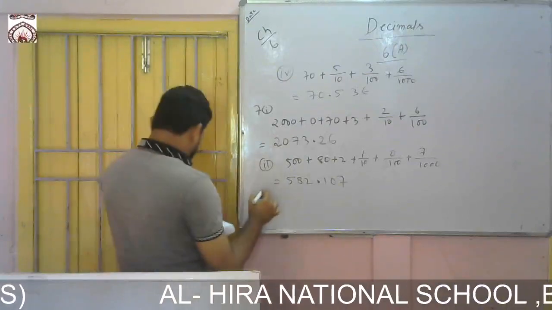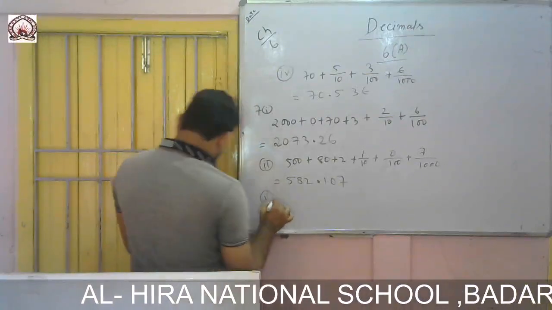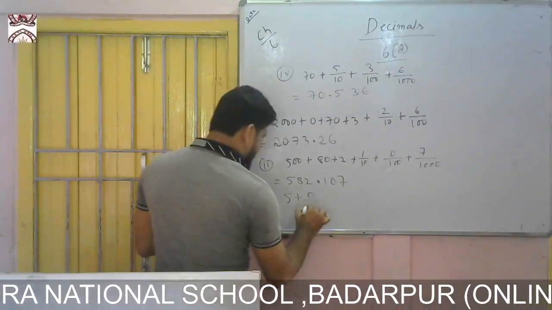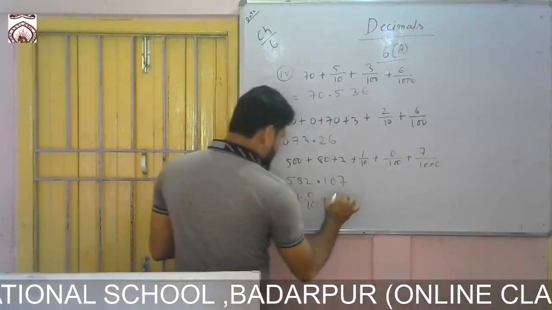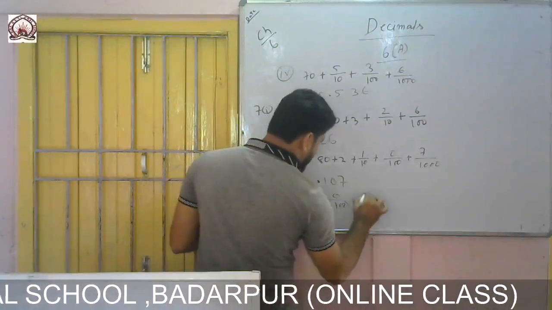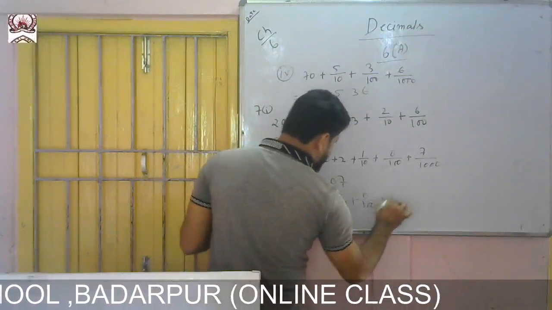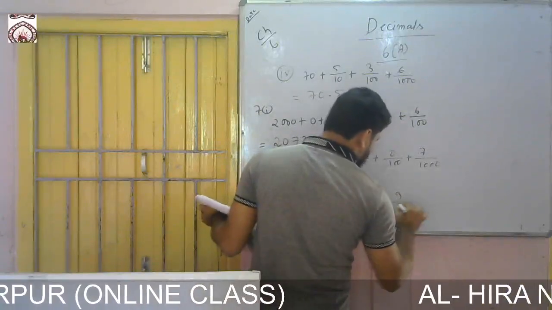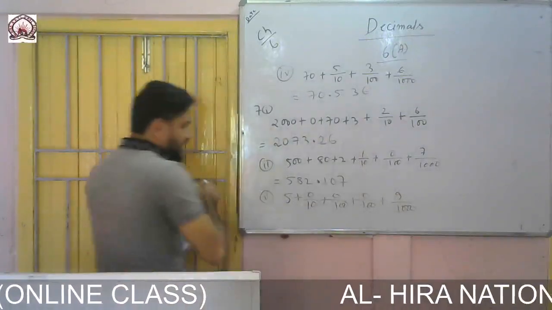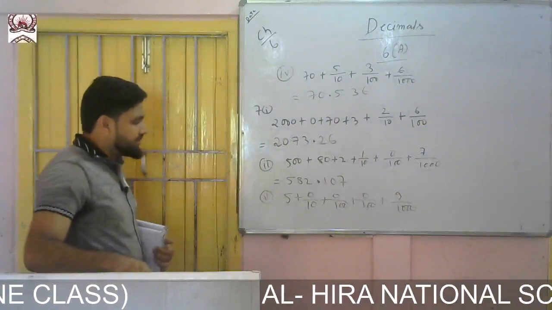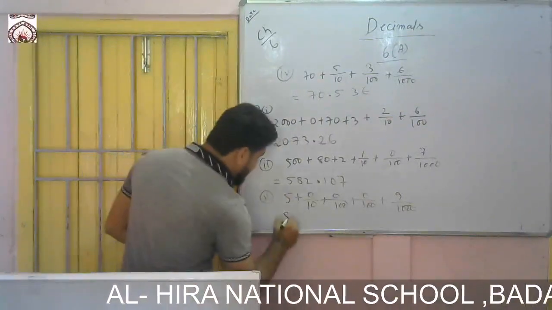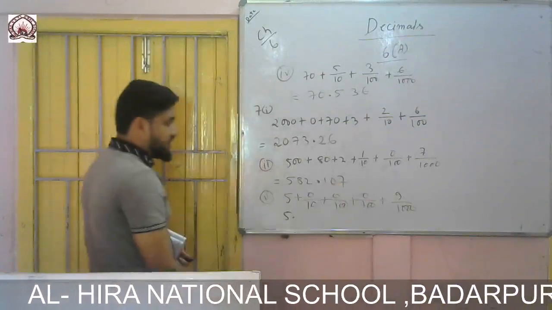Now come to question number 5: 5 plus 0 by 10 plus 0 by 100 plus 0 by thousands plus 9 by 10,000. So the answer will be 5, then start the fractional part.